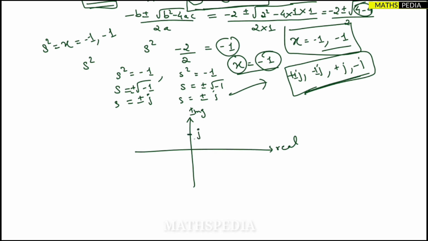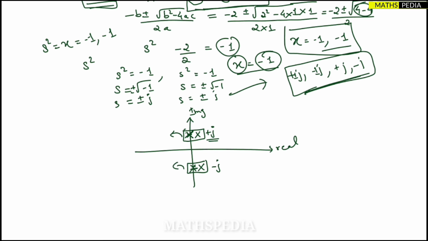I'll write it as plus j, here it is minus j. So basically, in order to represent it, we are having the same roots twice here. So I can put one root here and another root beside this, basically like this, plus j. And here also the same thing. This basically denotes that we are having two roots at the same position, two roots at the same position.